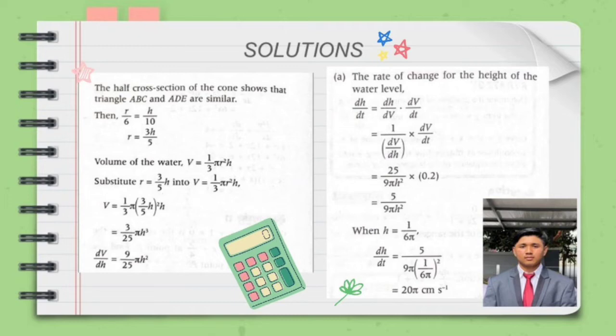In the question, we have been given the value of dV over dt, which is 0.2 cm³ per second, where V represents the volume and t represents the time. Now the formula for volume of cone is 1/3 pi r squared h. Now we have a new problem, which is we don't know the value of r. So how can we find it?